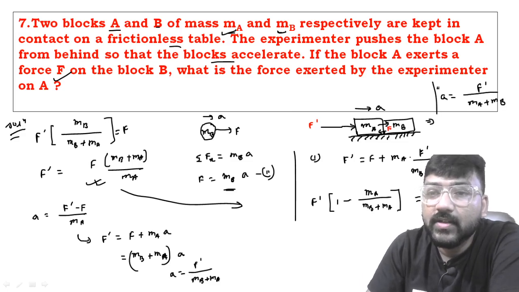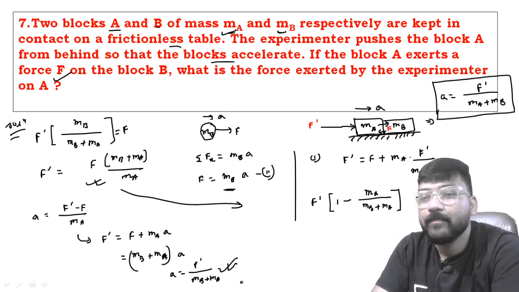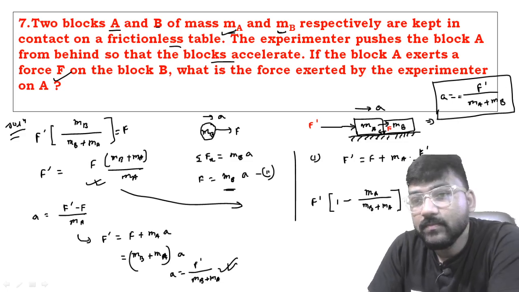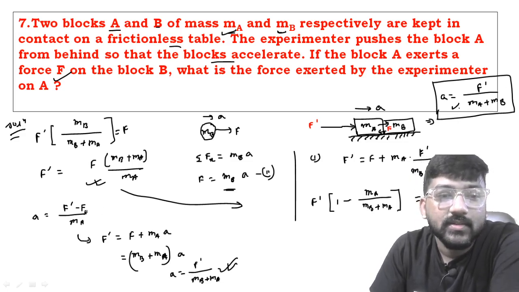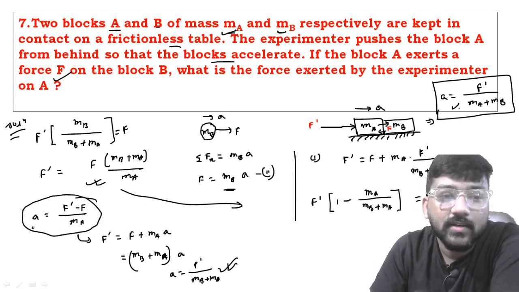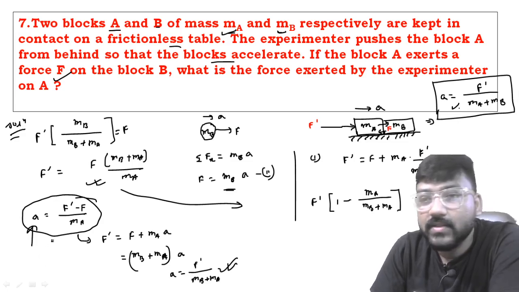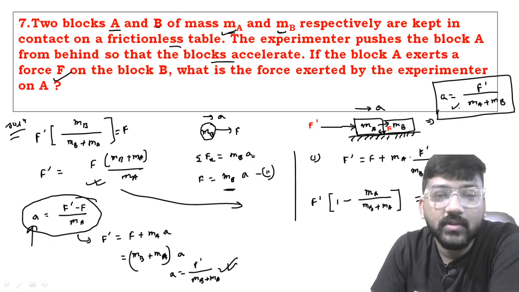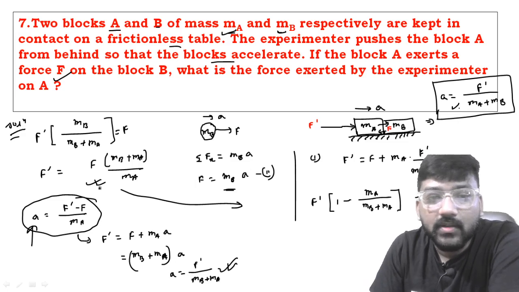If you find acceleration from this equation directly, then you can substitute a in these equations, and you will get f dash easily from these two equations. Okay, but this is actually the method that I have discussed with you initially.